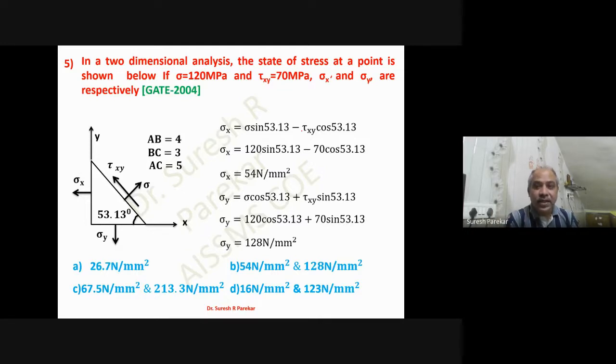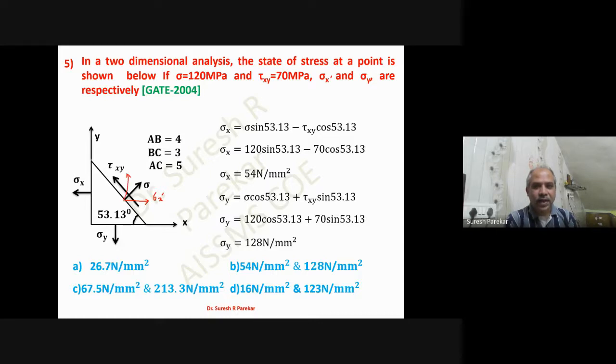We are interested in sigma n, so we are normal to this. So this will be our first value, sigma x dash, and then we have sigma y dash.